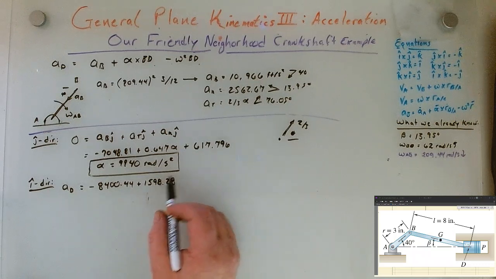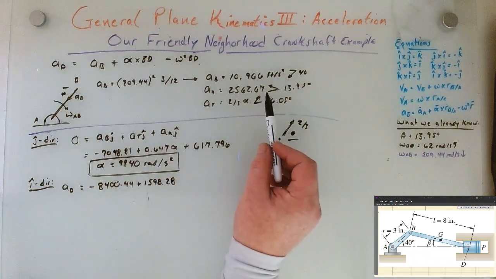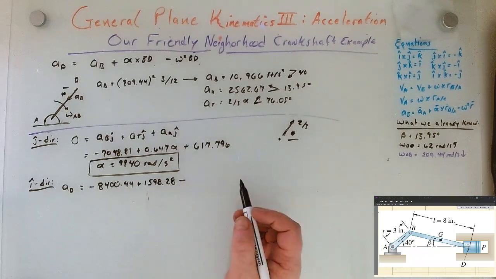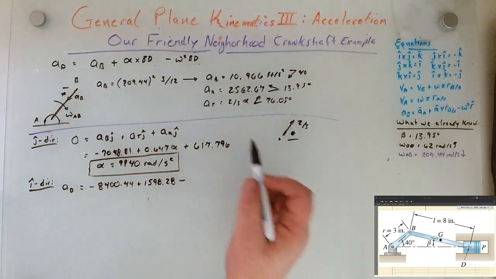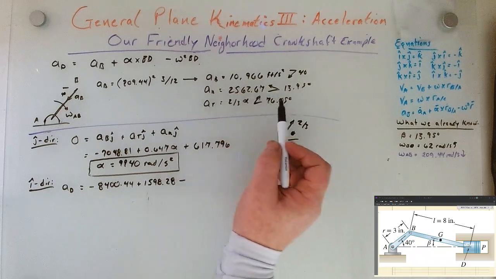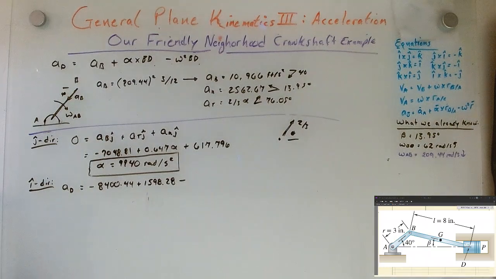Okay, and finally, our a sub n, which direction is that going? That is going against us, so this is a minus. So a negative 2562.67 times the cosine of 13.95 degrees, which is beta.